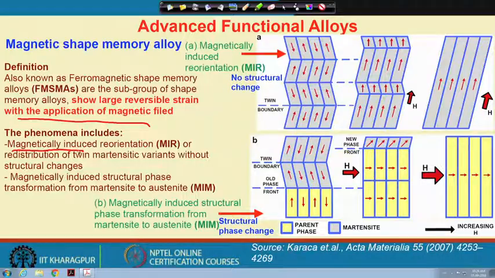During the discussion of the shape memory effect, we learned that it is produced because of the martensite, which has a minimum of two different variants. One is called twin 1, another is twin 2.